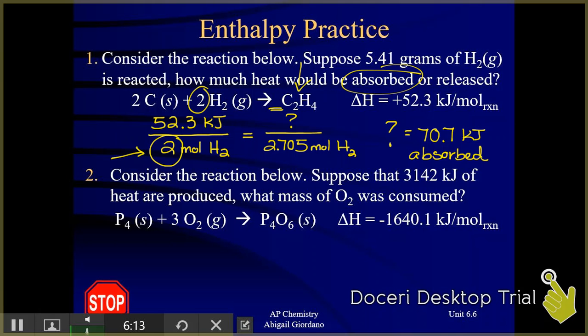It's a 1. So instead of a 2 in my denominator there, I would have had a 1. Okay, so the heat value that you're given is associated with the coefficient, with whichever part of the reaction you're talking about.